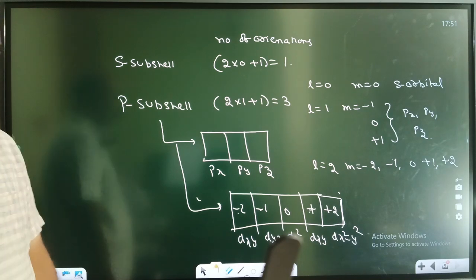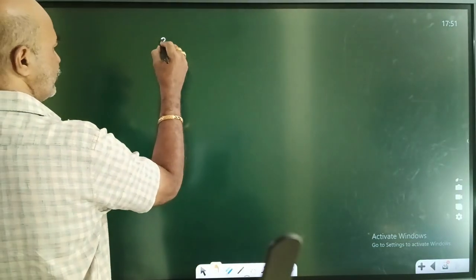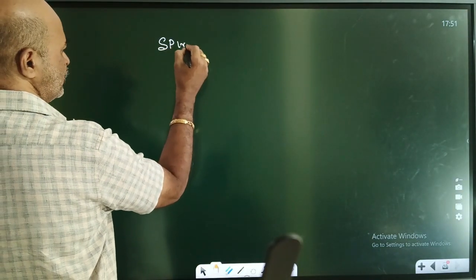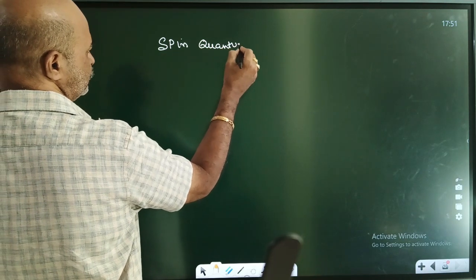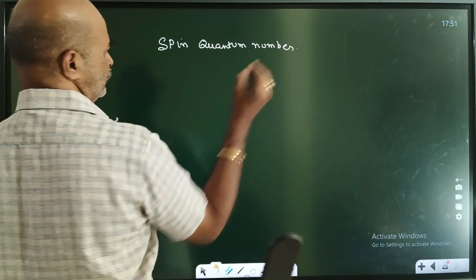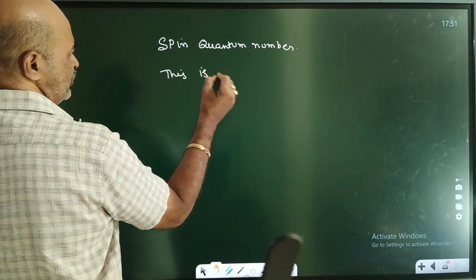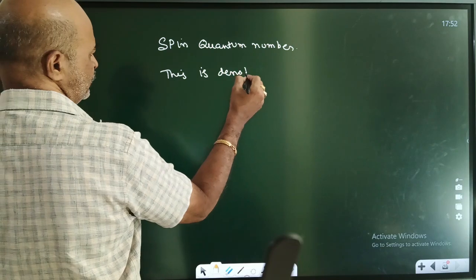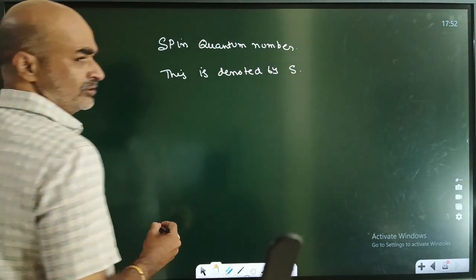And the last one, the spin quantum number. This is denoted by s.